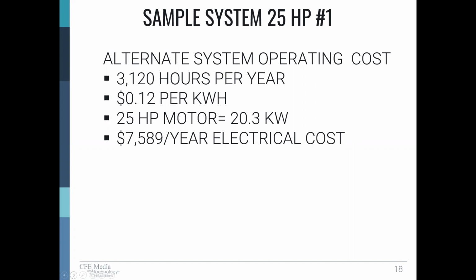We have the same kilowatt hour cost at 12 cents a kilowatt hour. The 25 horsepower motor operates at 20.3 kW, and it will cost $7,589 a year in electrical cost.